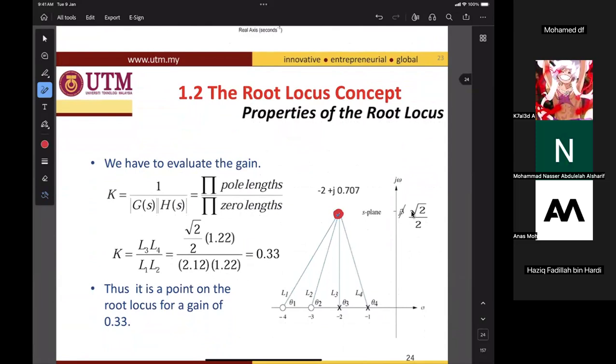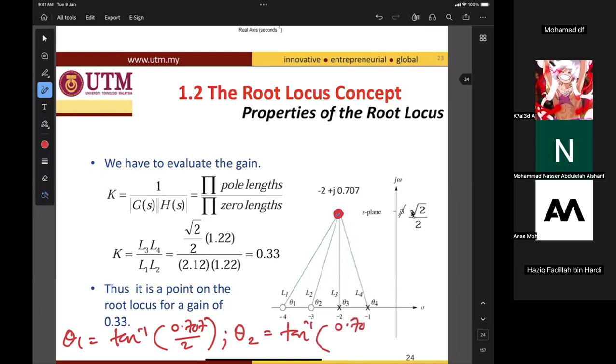In this case, theta 1, how much? Theta 1 is arctangent 0.707 divided by 2. Am I right, guys? Hello? Yes, sir. You sleep in my class. Okay, yes. Arctangent 0.707 divided by 1.